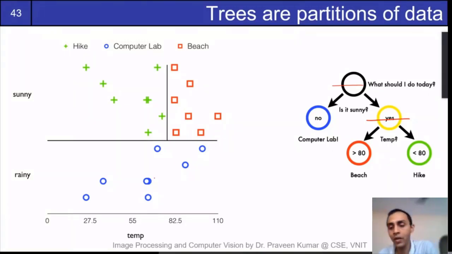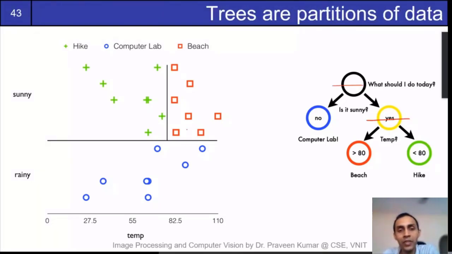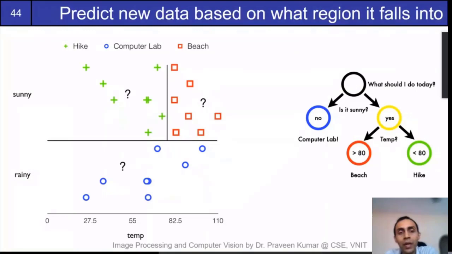So you had data points, and from those data points you learn this partition. And now, depending on which space your new data sample point falls into, you will predict that as an output. So if your sample point is here, you will predict that it's a rainy situation, so you should be in the computer lab. If you find it on this side, you should go to the beach, and so on.